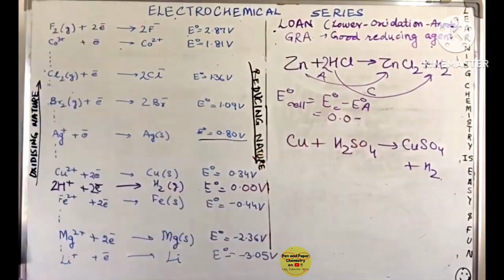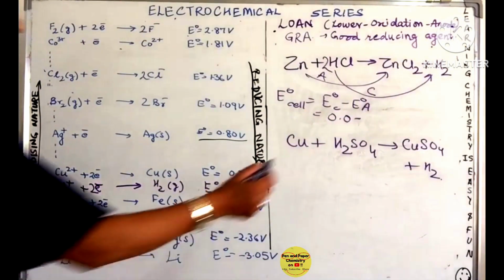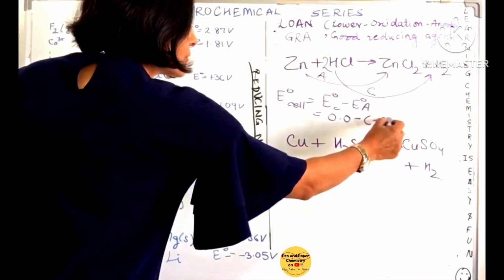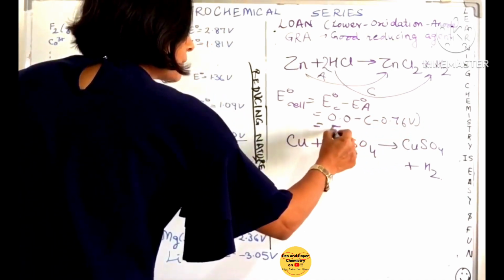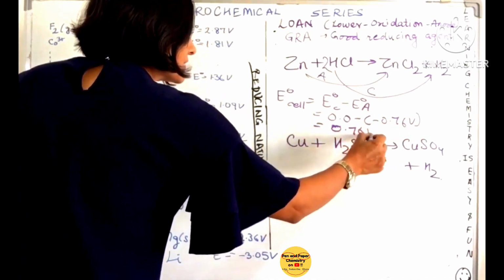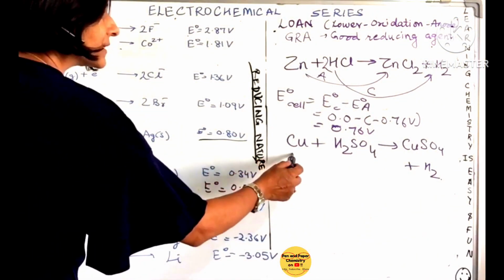Please remember that we have to put the reduction potential values. So negative 0.76 volts, and we get a positive value, 0.76 volts. Does this reaction take place? Yes, it will take place. That means, does zinc displace hydrogen from its compounds? Yes.